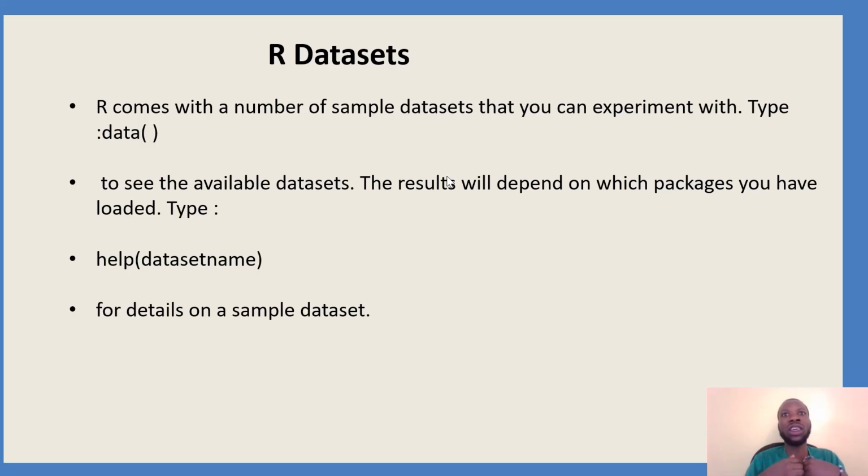The package consists of a set of algorithms that represent something. If I need to use logistic regression, I will need to call the package that is mainly designed for logistic regression.